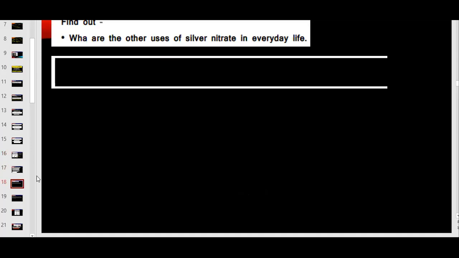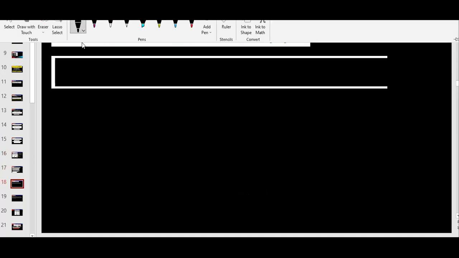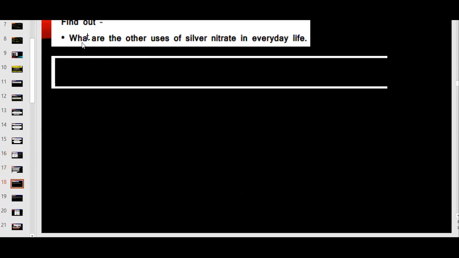Find out what are the other uses of silver nitrate in everyday life. Just now I told you it is used in ink, and we have to think where else we use this silver nitrate in our everyday life.